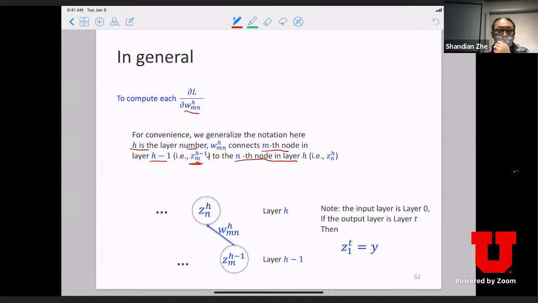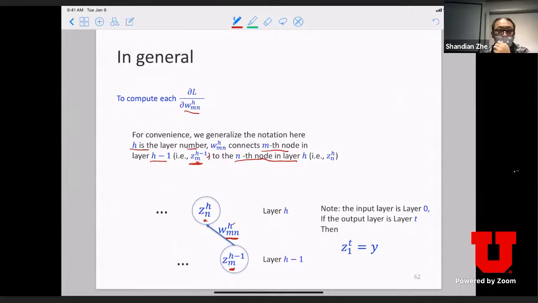So you can see that here is the edge which connects the mth node in layer H minus 1 and the nth node in layer H, and the edge weight is denoted by WMNH. Again, H indexes the layer of the target node.